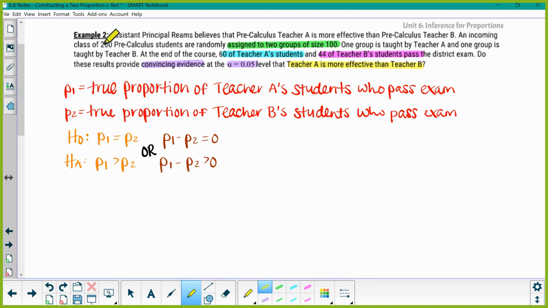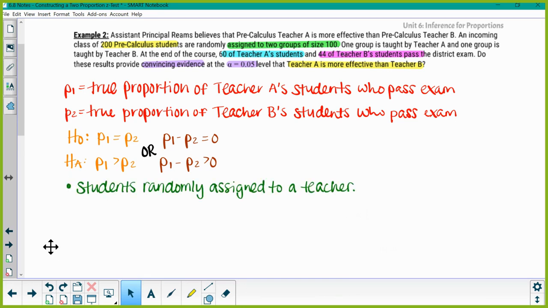That's who I have, 200 pre-calculus students. I don't have a way to randomly sample those 200 students because it's just the incoming class. But I did introduce randomness by randomly assigning them to a teacher. So students were randomly assigned to a teacher. That satisfies our randomness condition.